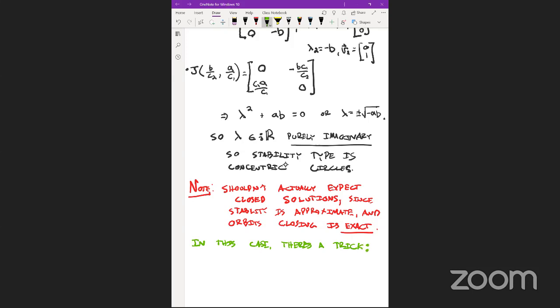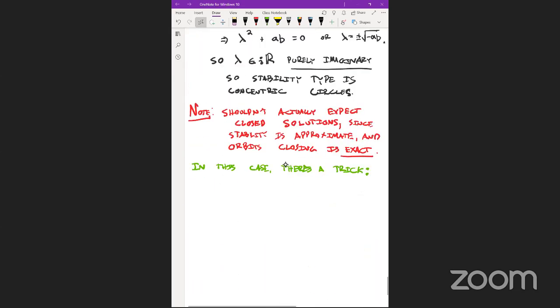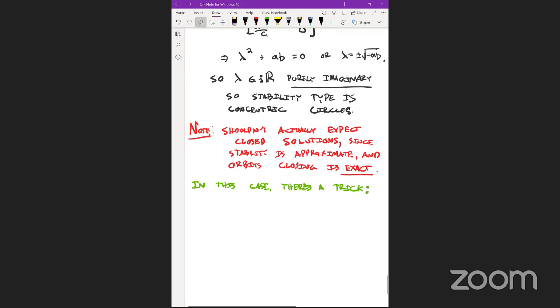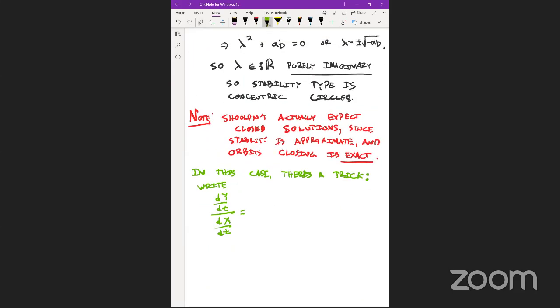That we can see. I'm not going to take you the whole way through it, but I want to show you this trick. We can write dx dt, dy dt through a change of variables. Sorry, let me do this the other way. So through a change of variables, this is going to be dy dx.